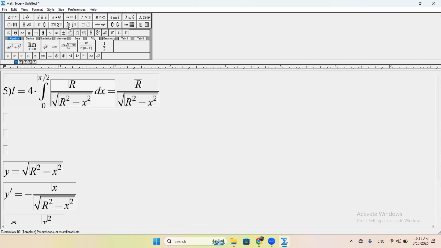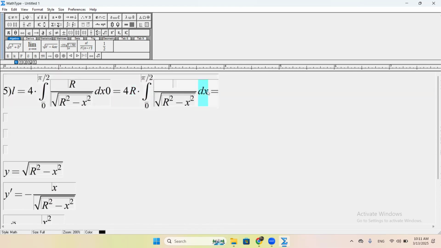I move r here, dx here, and we will have a table integral.